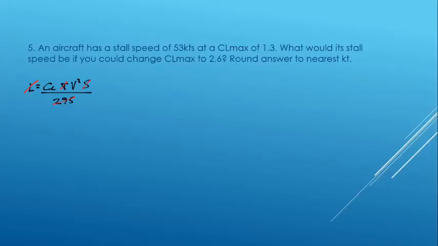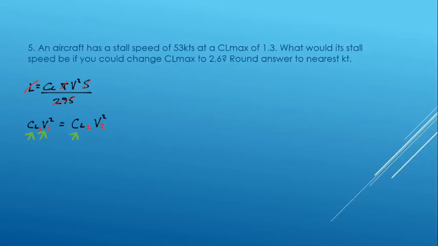For problem 5, we have the same situation where we've got the lift formula. We cross out the parts that we don't need or aren't given, and then we wind up with the two conditions.